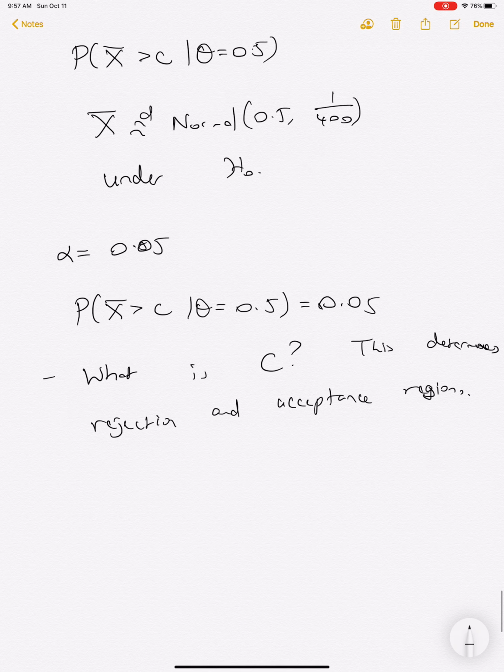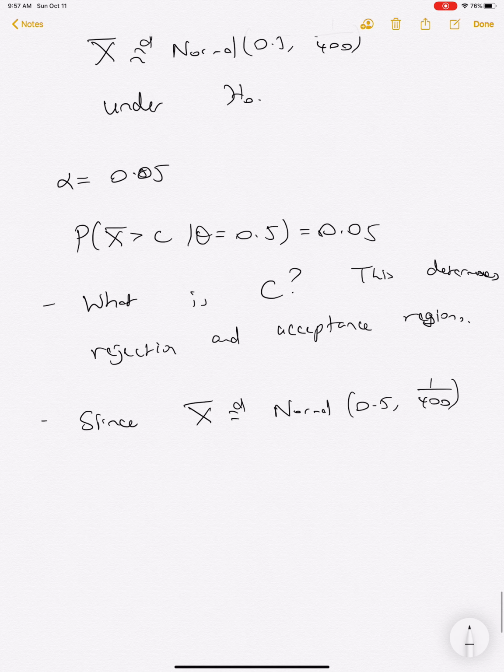Okay. So this is where we use what we already know about normal distributions and normal tables. Since x bar has this normal distribution with mean 0.5 and variance 1 over 400, we typically standardize, so that 20 times (x bar minus 0.5) is normal 0, 1.